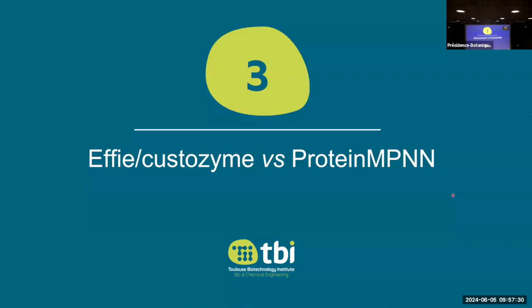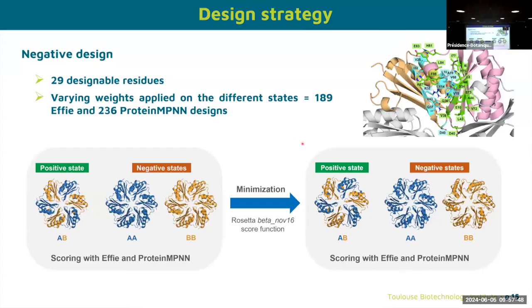First, we define the interface, the designable residues at the interface between the monomers, and we performed different designs by varying the weights applied on the positive and negative states, resulting in around 200 design solutions per approach. Each solution is composed of two sequences, the A and B sequences.